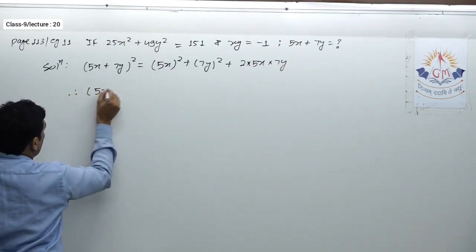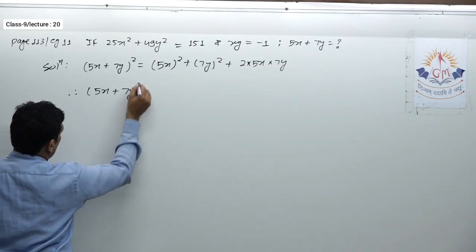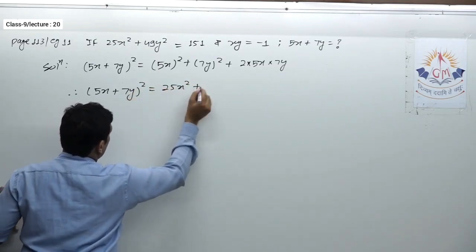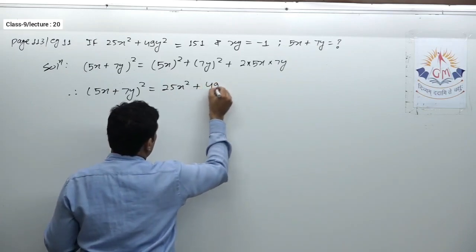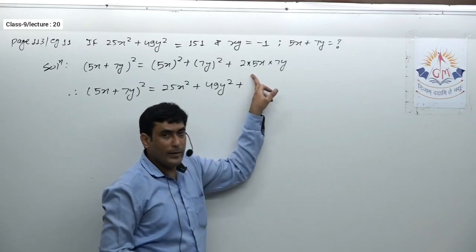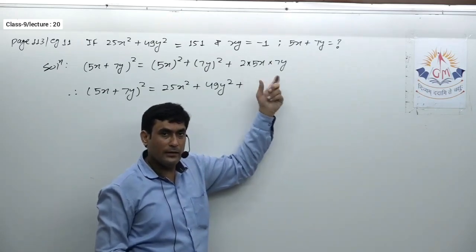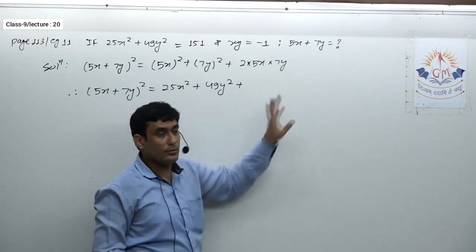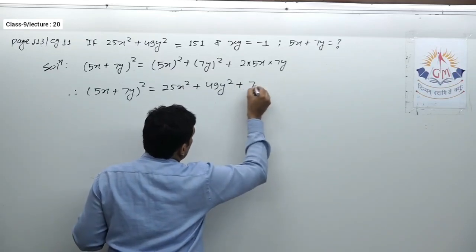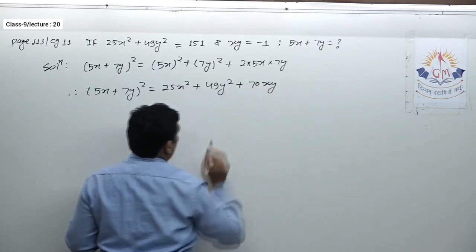So 5x plus 7y whole square is equal to 25x square plus 49y square plus, now we'll multiply the numericals together and the variables together, so 2 into 5 into 7, 10 into 7, 70, and xy.